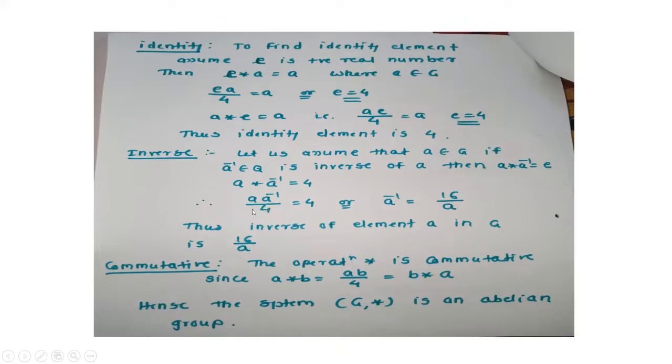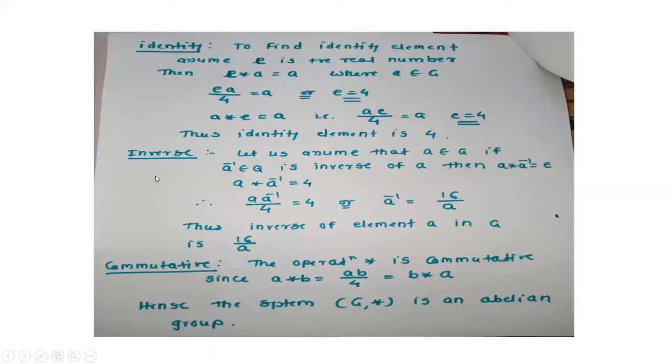As per our definition, we write A times A inverse divided by 4 is equal to 4. So A inverse is equal to 16 by A. Thus the inverse of A in G is 16 by A. So this also satisfies that the inverse element is present.